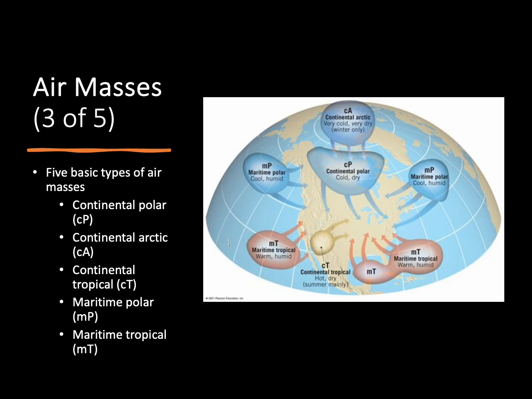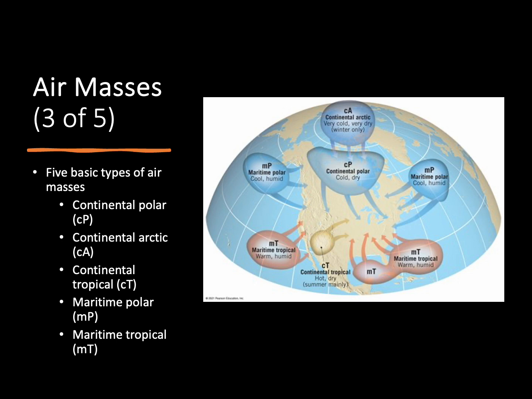So combining the temperature and the water content together, we're basically going to have 5 types of air masses on our planet. The first one is going to be our continental polar, which you'll find here in central Canada. Here, because it's continental, it's going to be dry, and because it's polar, it's going to be cold. Our second air mass is our continental Arctic.